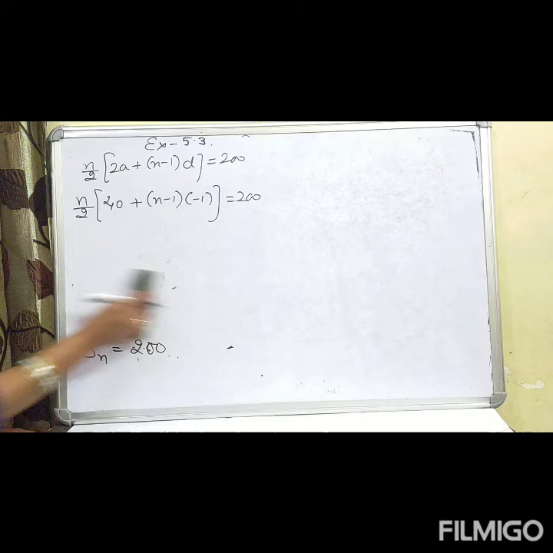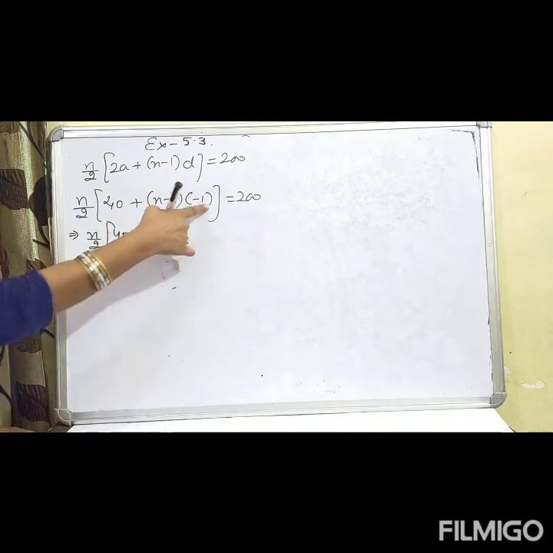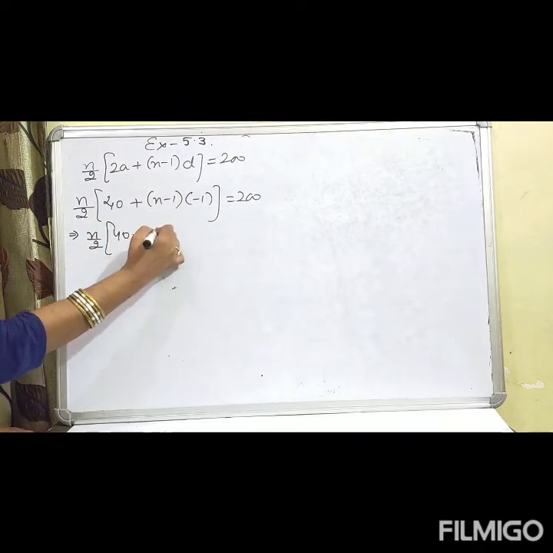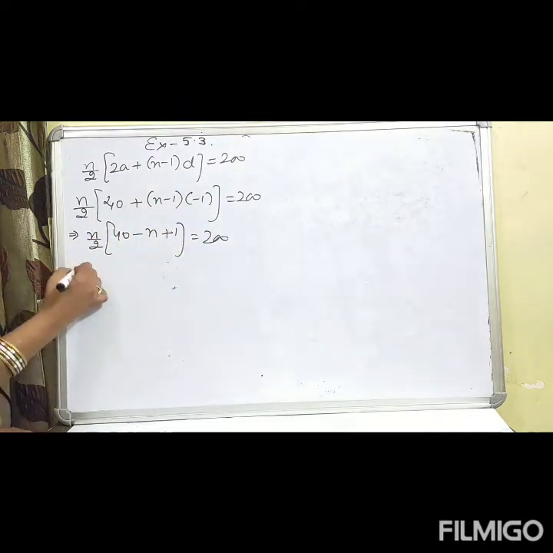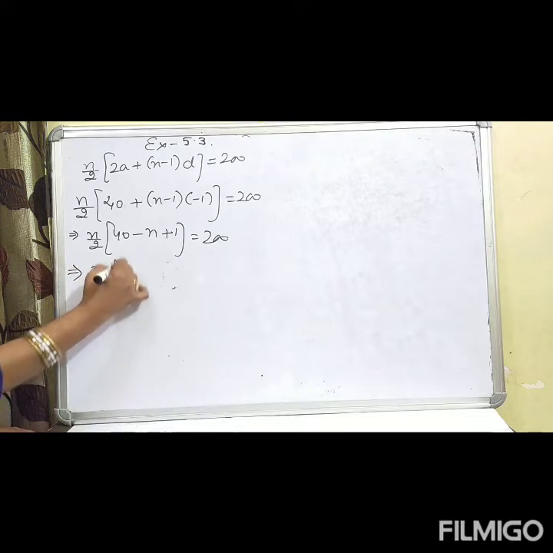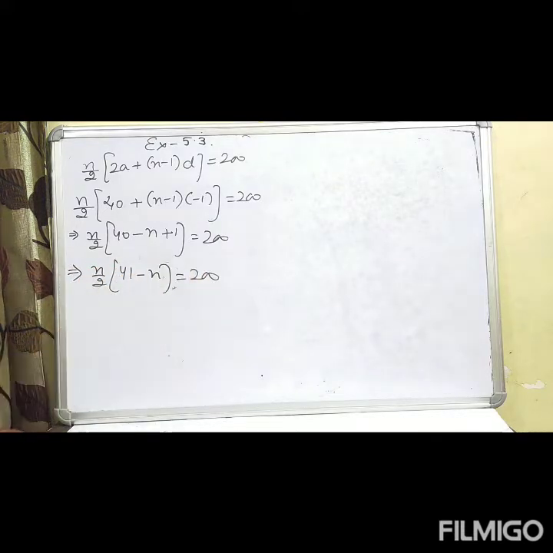Now solve it further. What do we get? n by 2, 40 plus, this will be minus n and plus 1, equal to 200. So n by 2 into 41 minus n equal to 200.